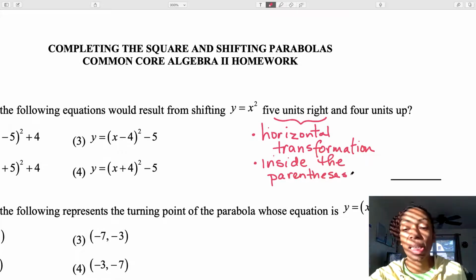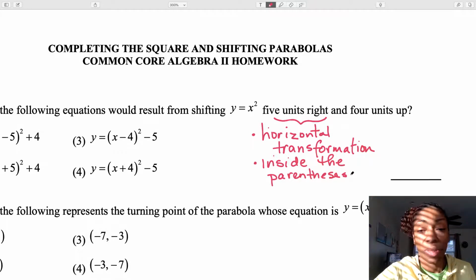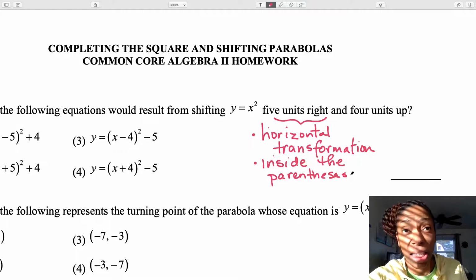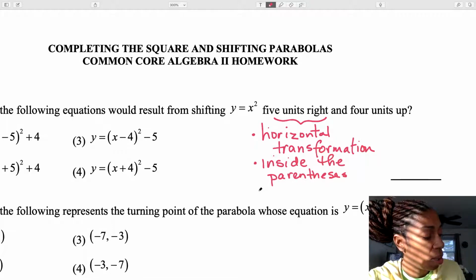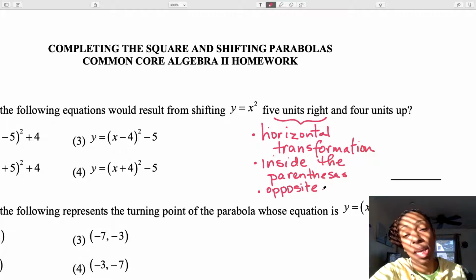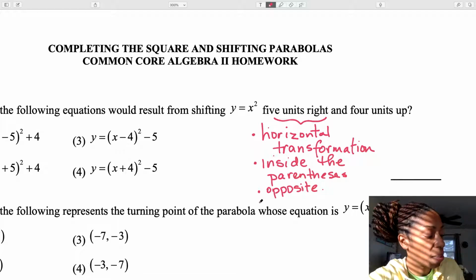You're directly affecting the x values. The x-axis is horizontal, but it's also the opposite. So if you want to move to the right, which is the positive direction, you're actually going to subtract 5.